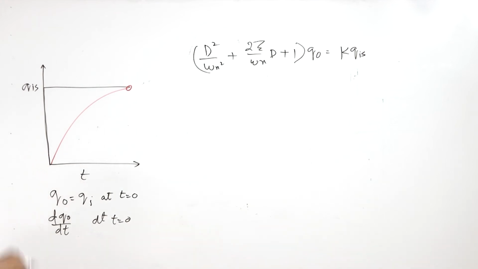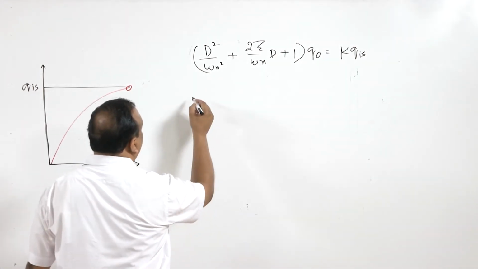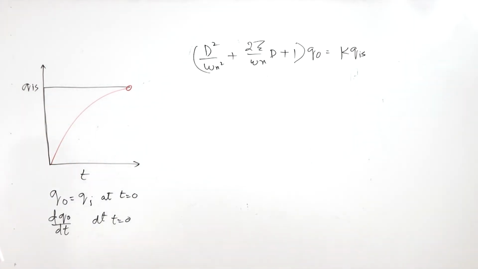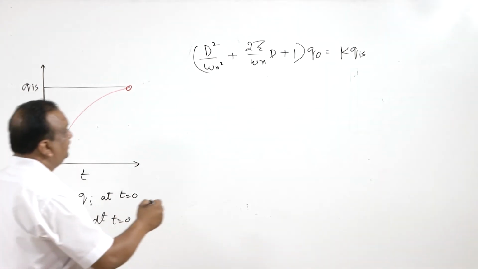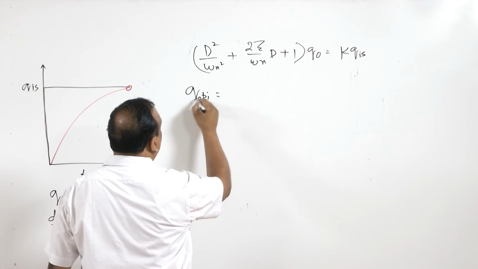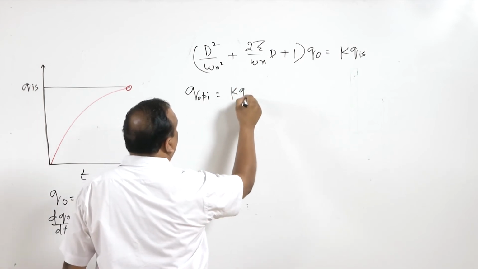Now, for finding the solution, first is the particular integral and second is the complementary function. Those two things we have to derive. The particular integral, QO PI, is K QIS.